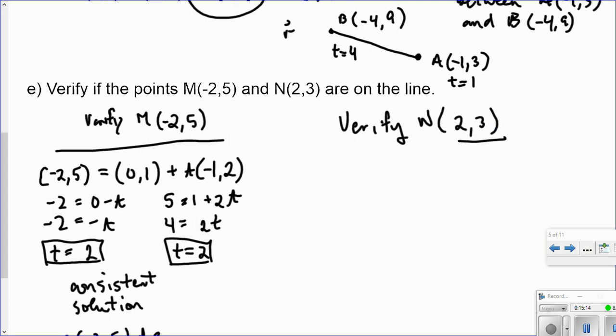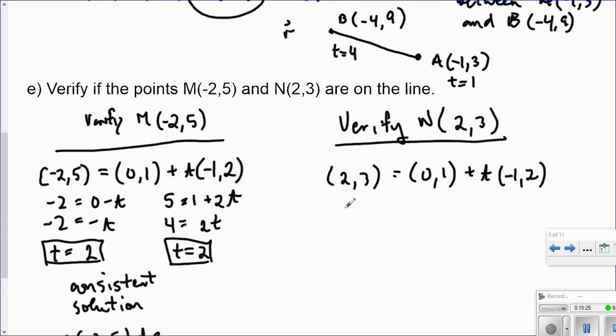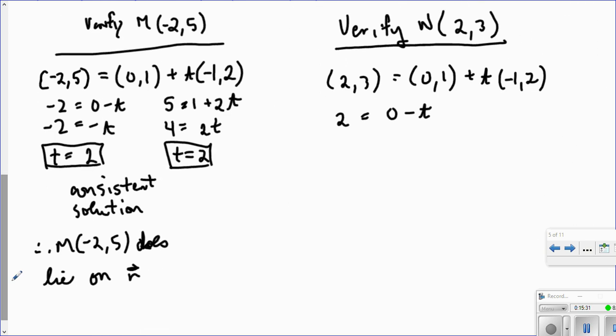I do it the same way. Plug in (2, 3) into a system where I set it equal to the vector equation. And then I expand: 2 equals 0 minus t, and 3 equals 1 plus 2t.